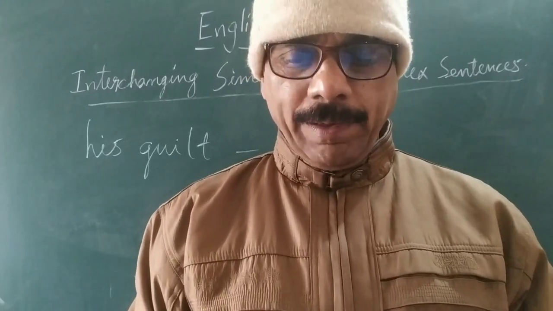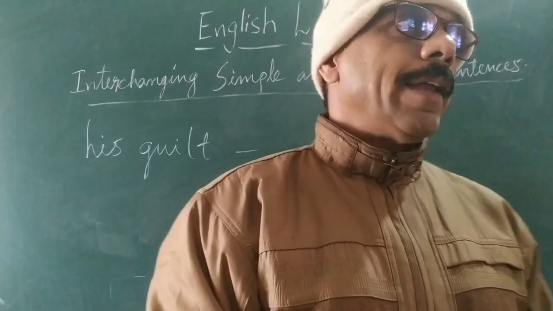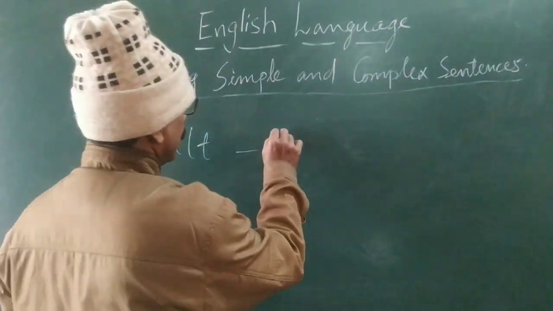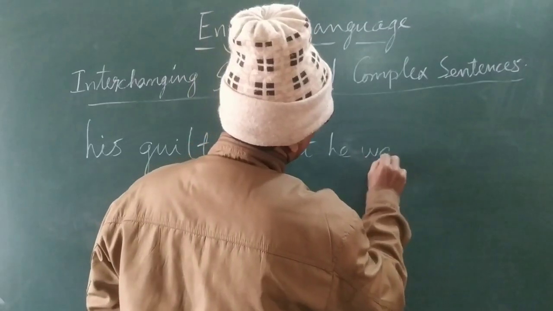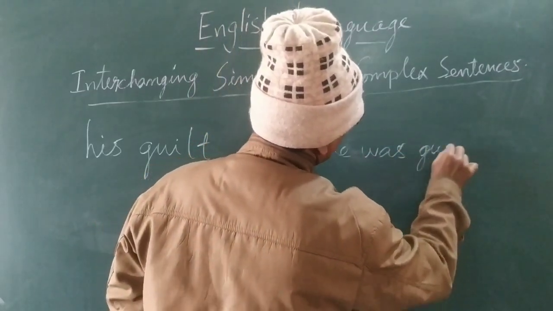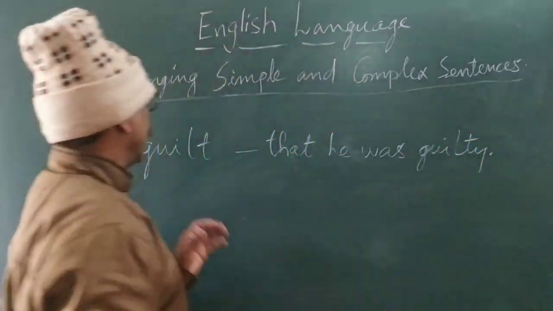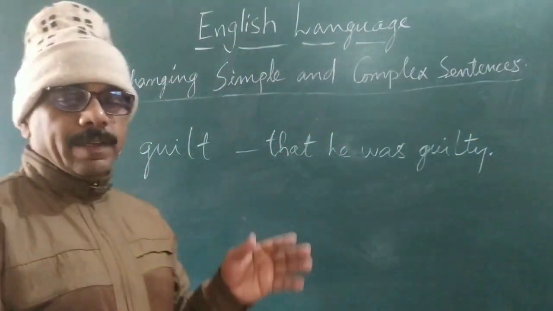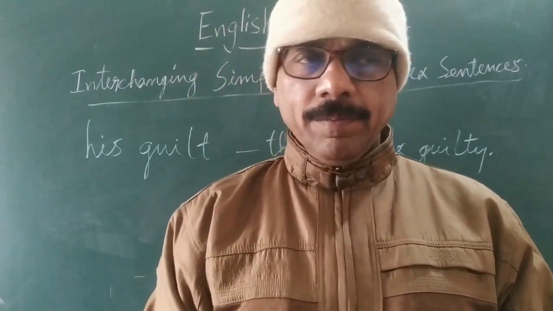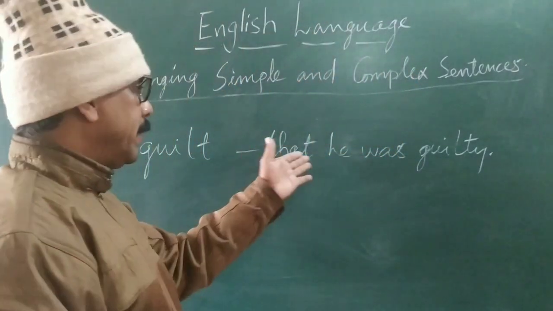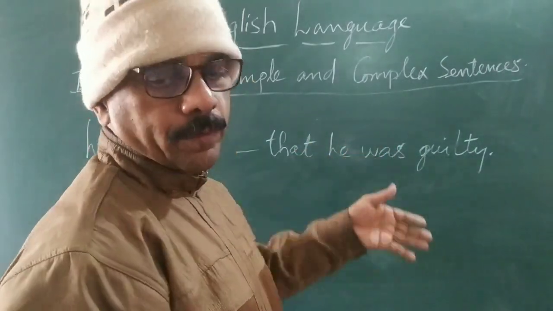That's a guilt feeling. So his guilt we are changing into that he was guilty. So his guilt is changed into that he was guilty. This is a noun clause. That he was guilty is a noun clause.